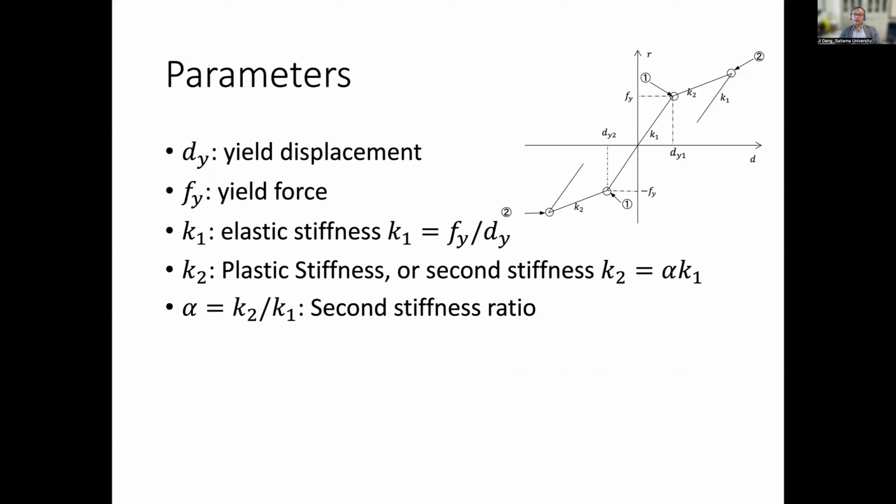For example, if you know dy, Fi and alpha, you can calculate K1 by Fi divided by dy, and K2 by alpha times K1. There's another value called QC we will talk about later. Generally, if you know K1, QC, and alpha, you can calculate all other parameters.